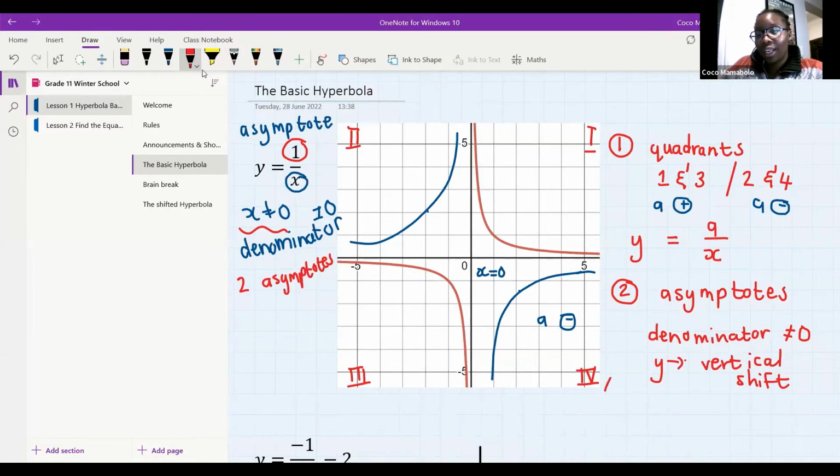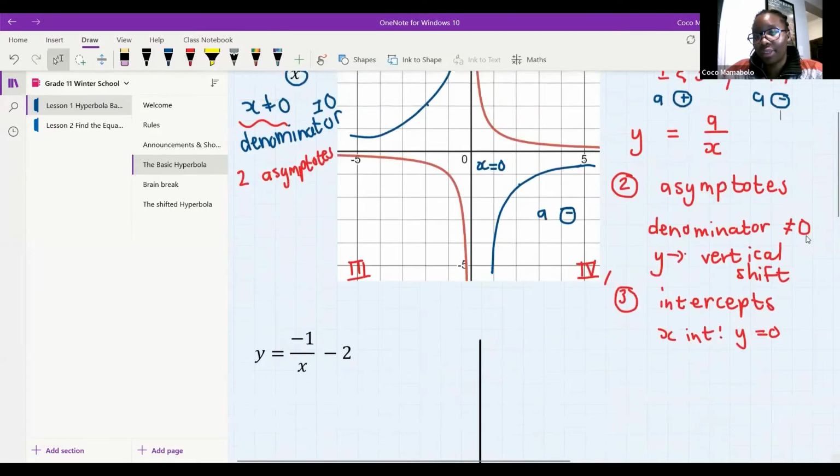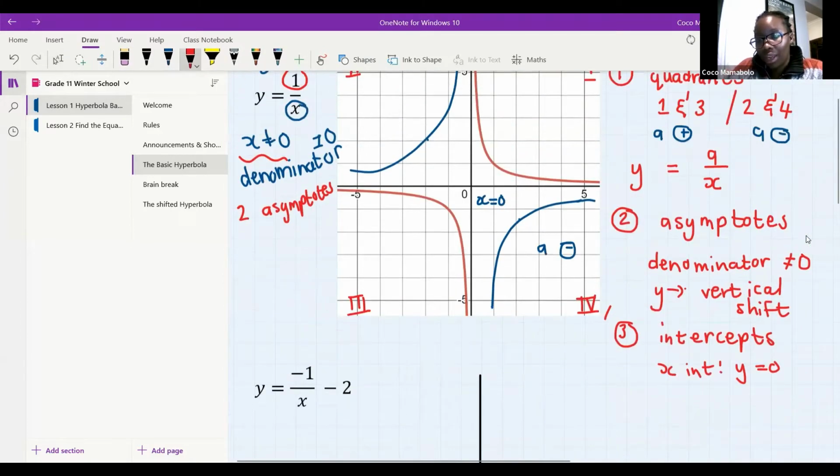Okay, and then number 3, we're going to look for the intercepts, if there are any. Remember, when we are thinking about intercepts, we want to find the x-intercept, where we make y equal to 0, or I'm just going to shift up a bit here, or our y-intercept.